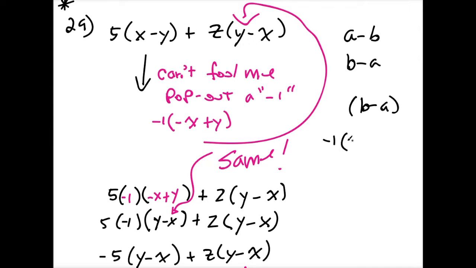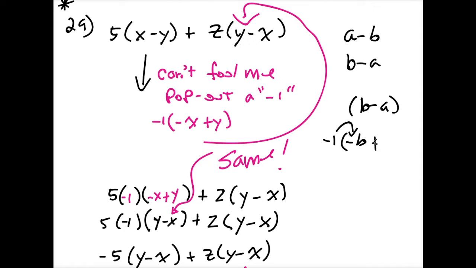All right, I'm back. So you have B minus A, popped out a -1, now I have negative B, because -1 times negative B is positive B. Then I go over here and say, -1 times what is negative A?